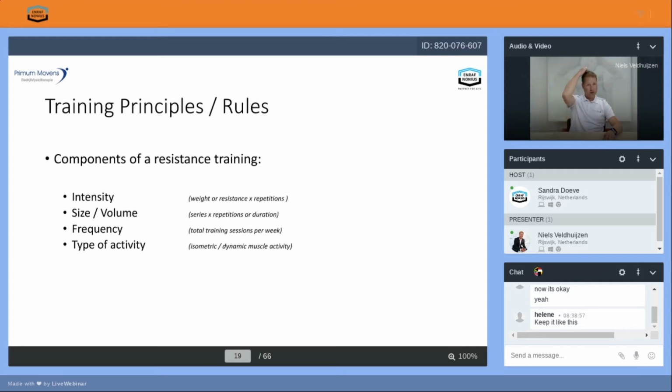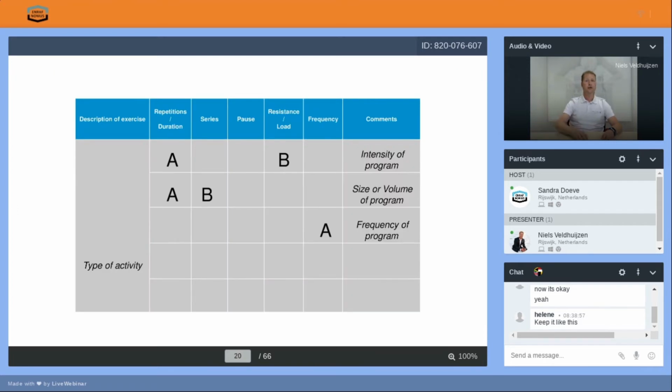When you look at the size and the volume, it's actually more clear in the next sheet, because there I made it in the training schedule. Here you see a training schedule where on the left upper side you see the description of the exercise. There you can describe what the patient should perform. The second row is the one with the repetitions and the duration.